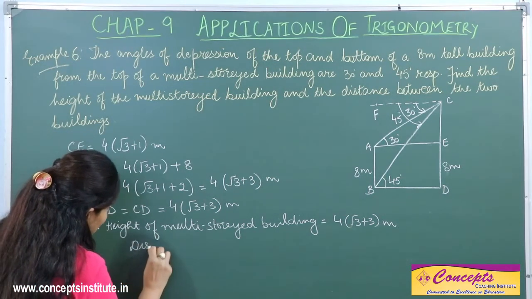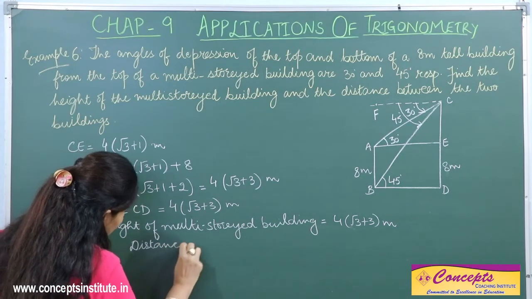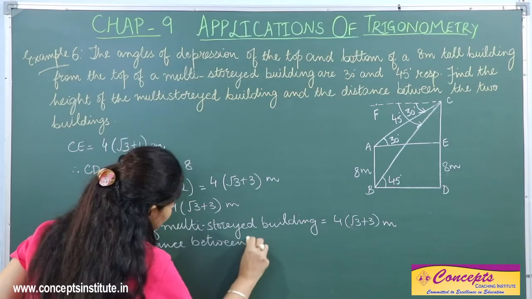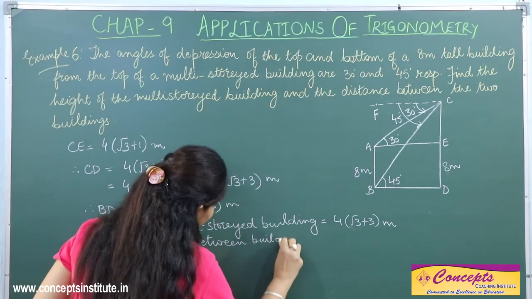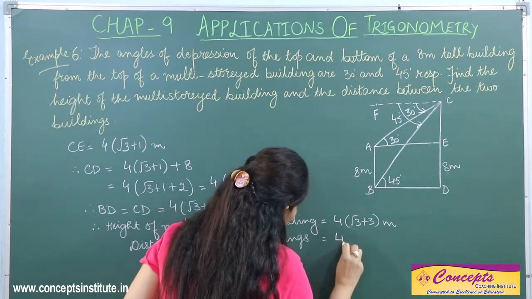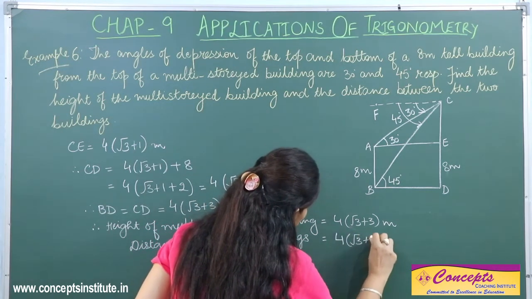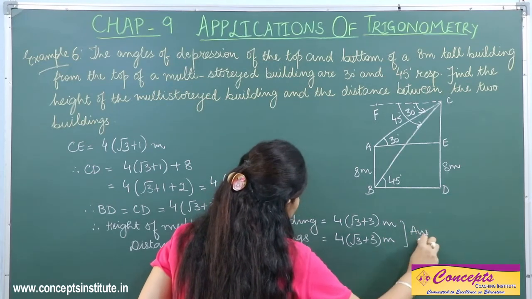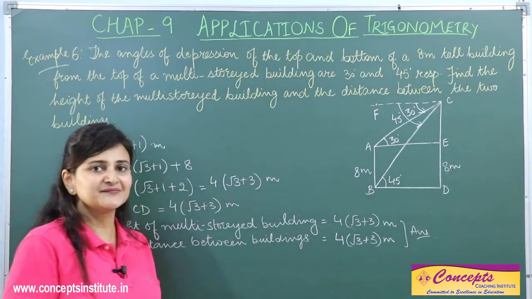So distance between buildings, that is also the same, that is 4 into root 3 plus 3 meter, and this is the answer. So students, I hope you got it.